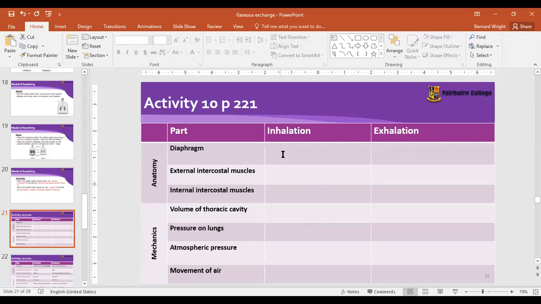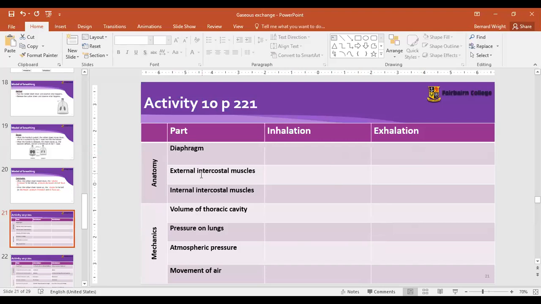So, for example, inhalation, what happens to the diaphragm? Does it move up or does it move down? But don't just say up or down. You must also say, does it contract and move down, or does it relax and move up? So you have to be a bit more specific. That's why I say it's probably best to use your pencil in this case. But try and answer this, and if you can, then you aim for okay.